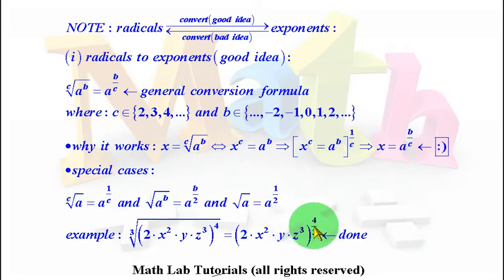And the fractional exponent, or the rational exponent, by the way, rational and fractional mean the same thing, becomes 4 over 3, and we are done. Of course, we could continue to simplify this if we wanted to using exponent laws, but that's not the point right now. Okay, let's go on to the next slide.